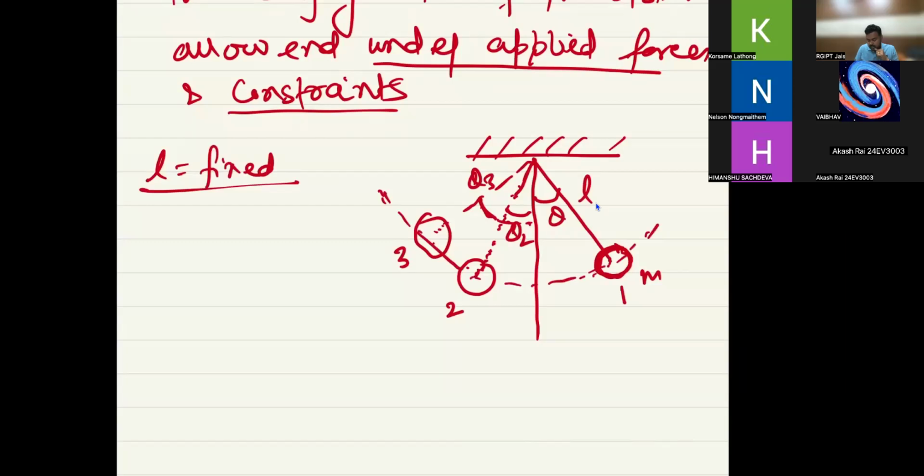You cannot imagine an instantaneous displacement in which the pendulum bob comes here, because in this case your L will be much longer. So this is not allowed. But you can imagine any displacement, any configuration along this line. So that will represent a virtual displacement.